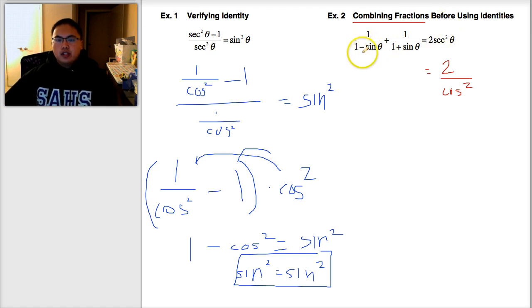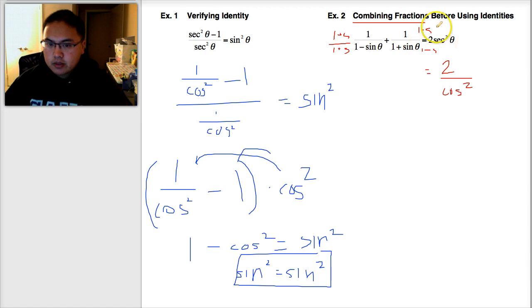You see how this has a 1 minus sine, and this has a 1 plus sine? So I'm going to multiply this side by 1 plus sine, top and bottom, and I'll multiply the right side by 1 minus sine, so it will have the same denominator. This is a skill you should have learned from algebra.